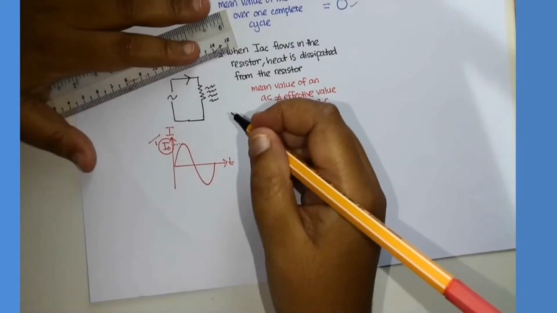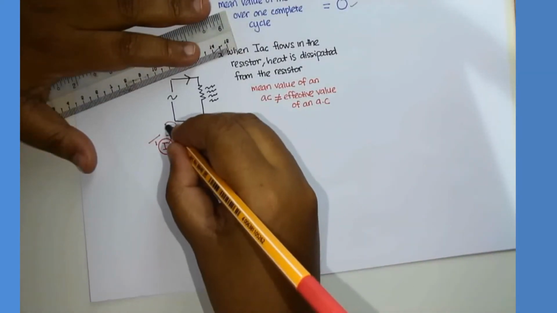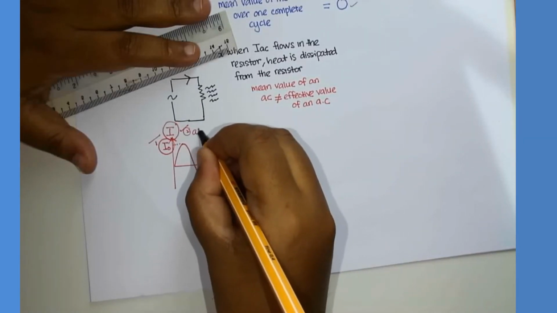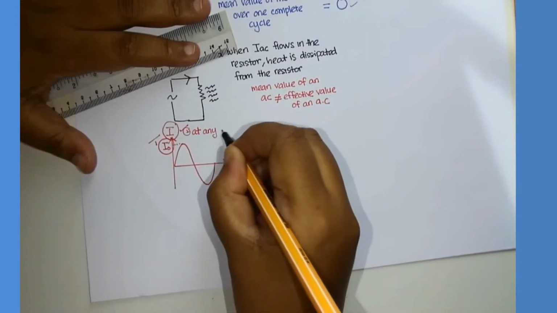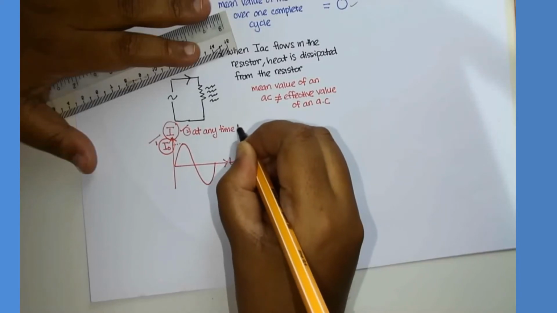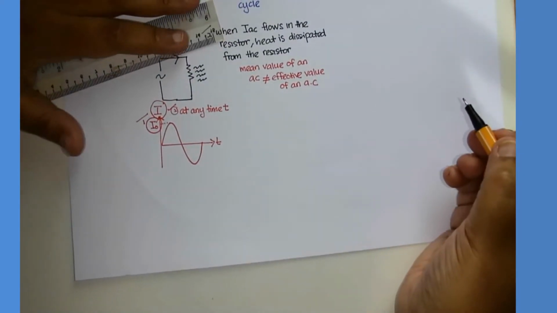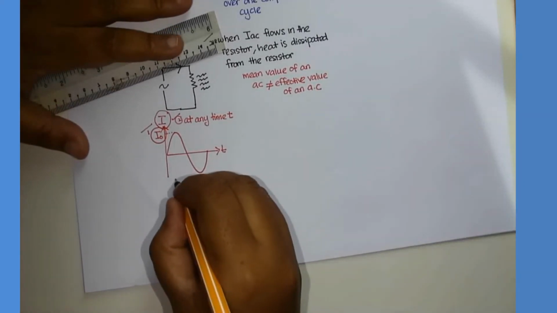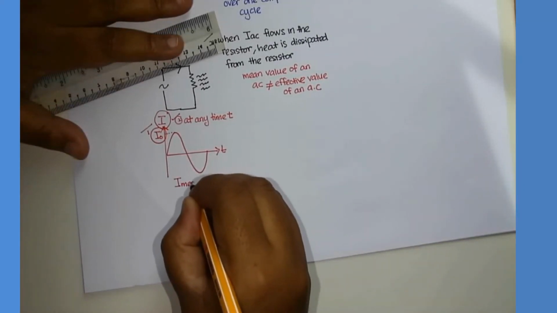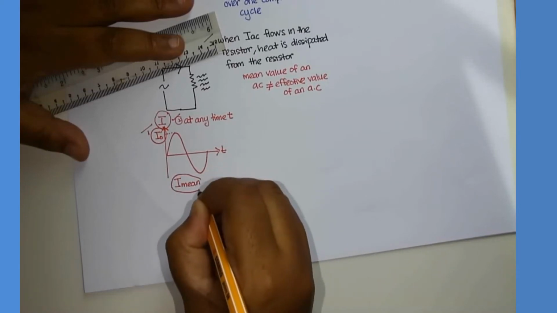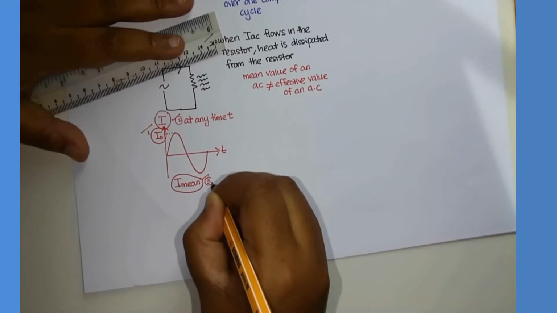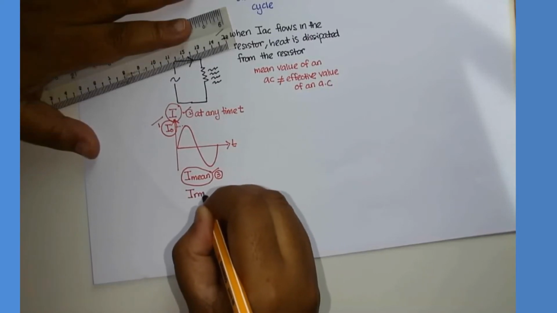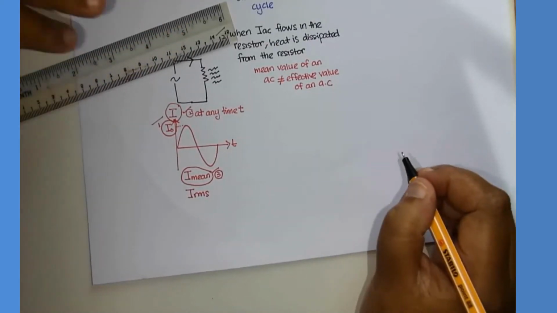Number 2, I at any time t. Number 3 is I mean. Number 4 is IRMS.